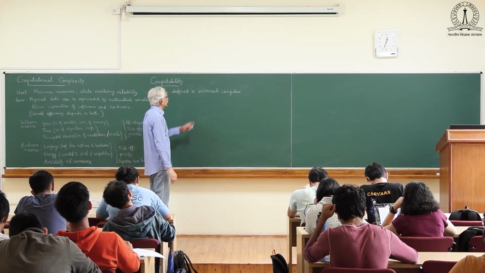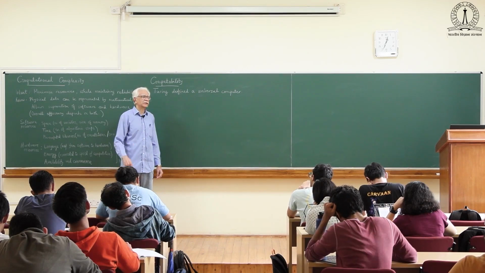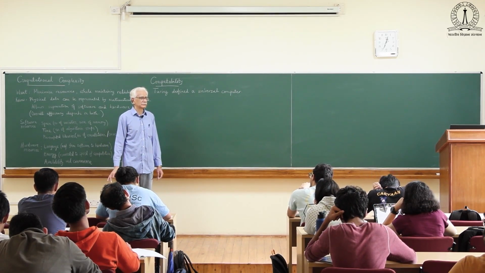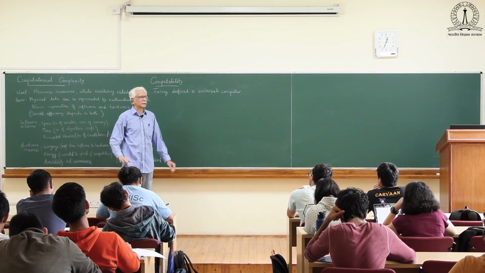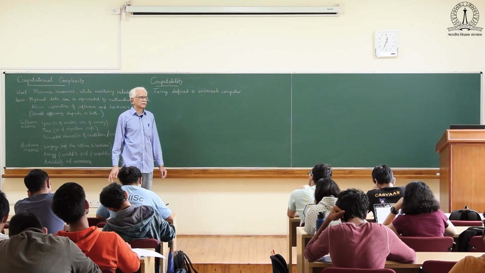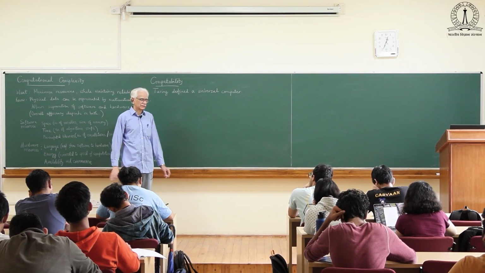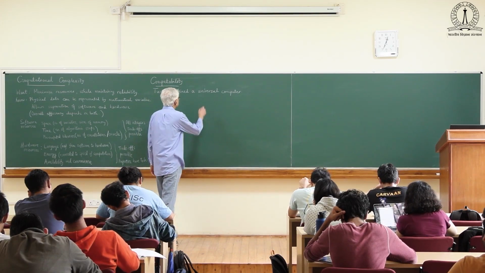Okay. What is the meaning of universal? It means that it can do what any other computer can do. And that is the sense in which it defines what is computable and what is not computable. If the problem is computable, a Turing machine can solve it. That's the end of the story. So it's a powerful result.